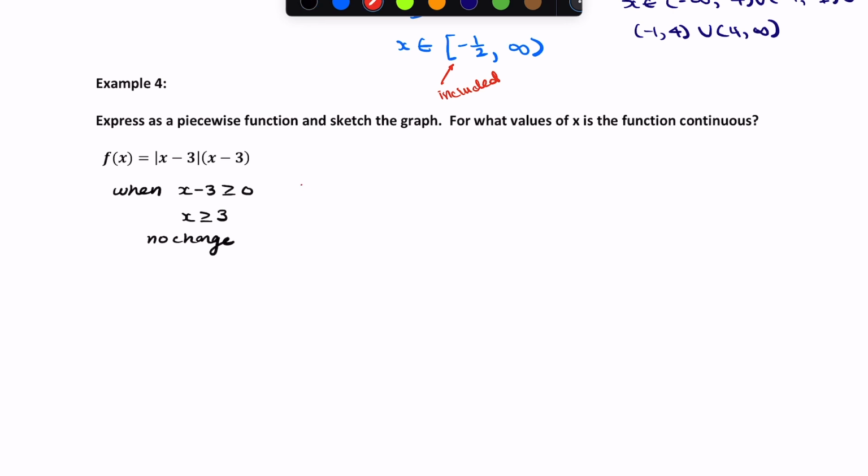And then also, when x minus 3 is less than 0, x is less than 3, and so there, that's going to be that -1 value, or that's going to be the negative.